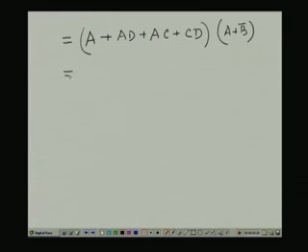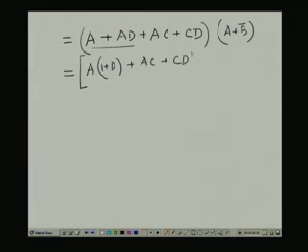Now, again I will take A common. So, this becomes 1 plus D plus A C plus C D, into A plus B bar.